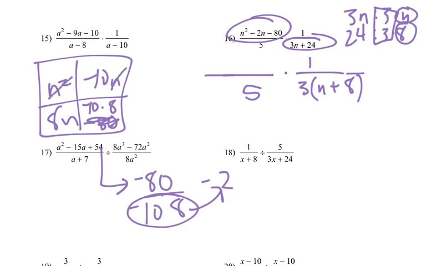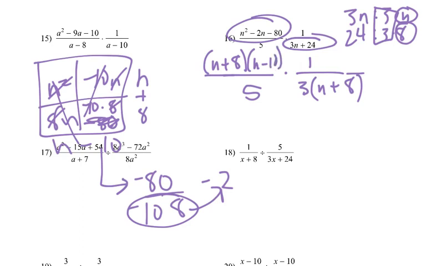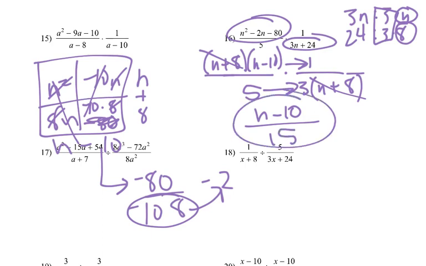So an n and an n, an 8 and an 8, and it's positive, and an n, negative 10 and a negative 10. So I get n plus 8 times n minus 10. So then I see n plus 8's cancel, times across, we get n minus 10 on the top, times across, 5 and 3 give us 15, and there's our answer.